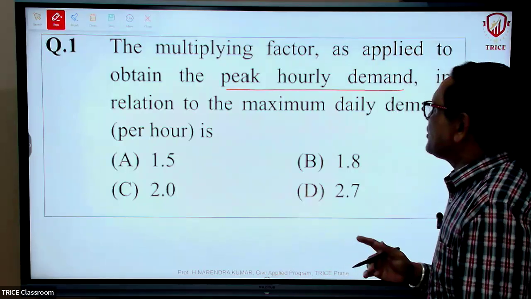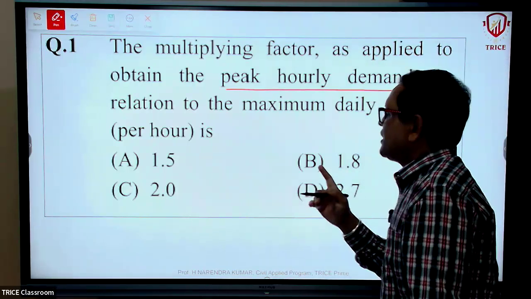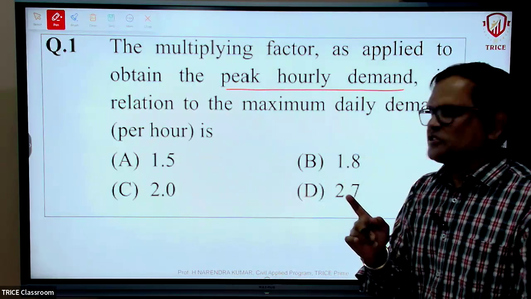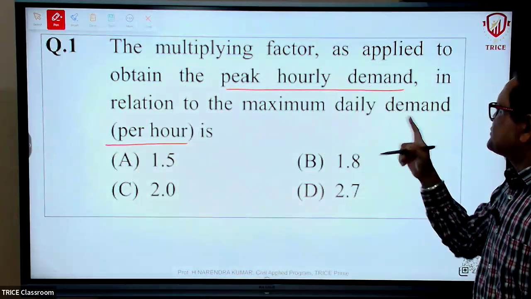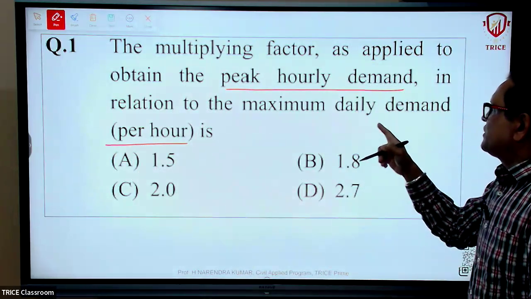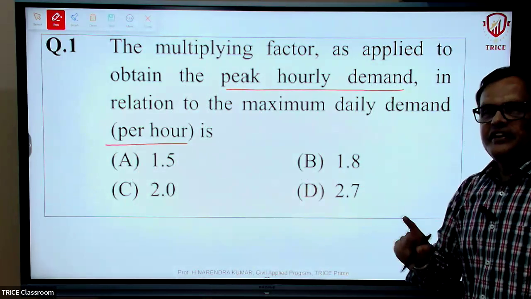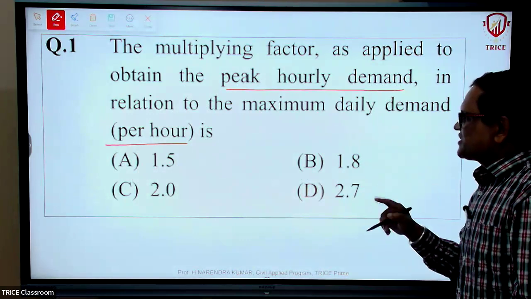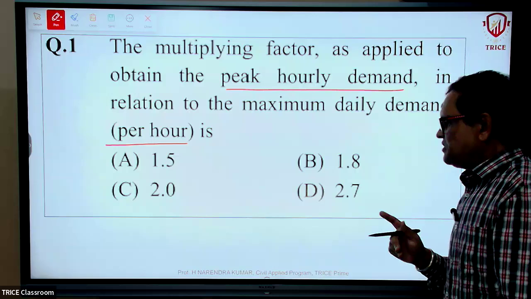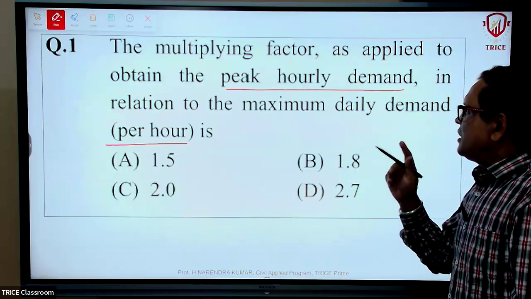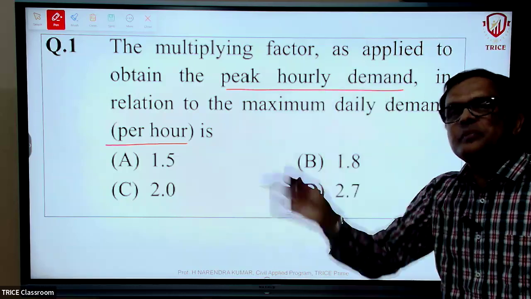If you look at this question, there is one piece of data which is very important, that is per hour. Because we are going to express this maximum daily demand in terms of per hour or per day. But he is asking in terms of per hour, because we say maximum daily demand of the maximum day, or maximum hourly demand of the maximum day.